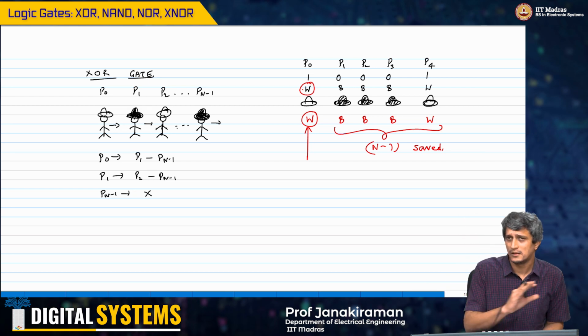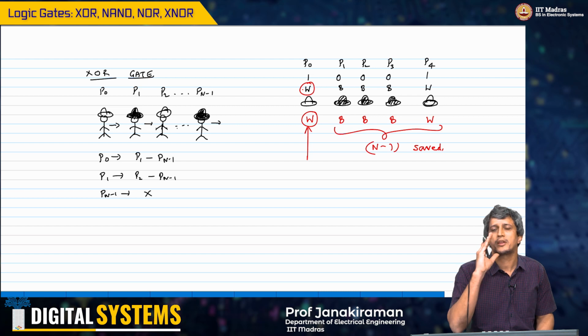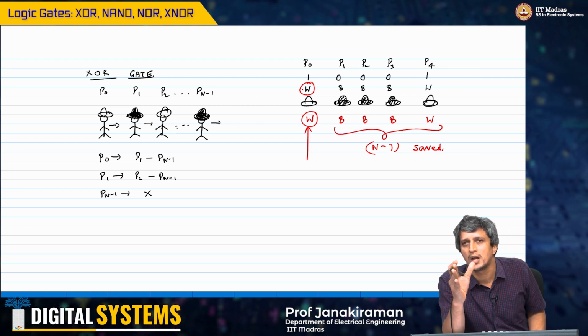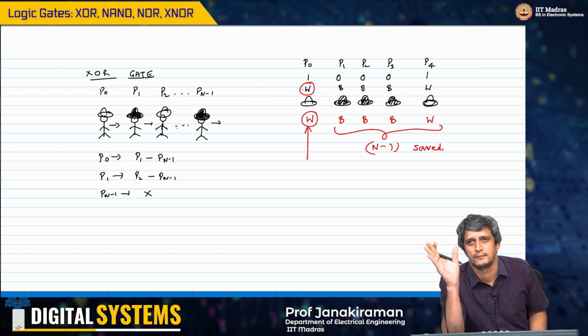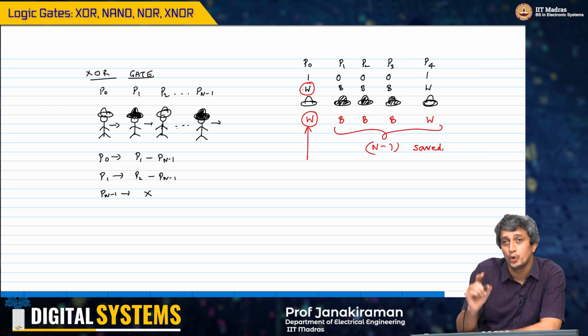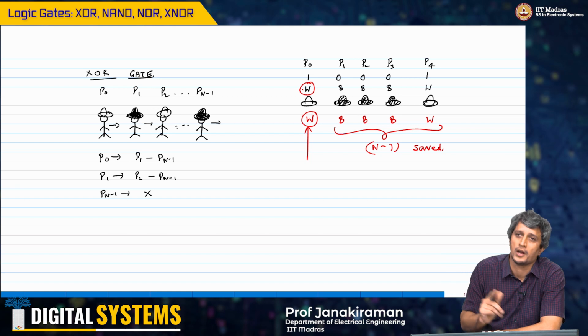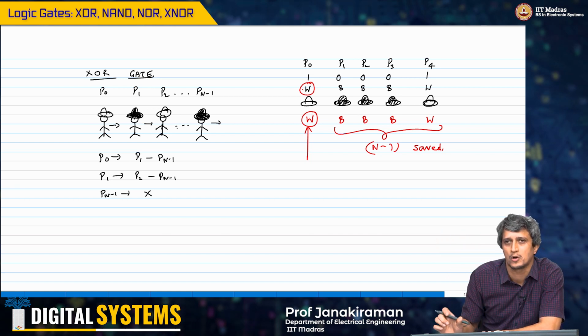Okay, and just see how simple it is. You are just counting whether there are even number or odd number of ones or odd number of whites in front, right? And this is precisely what is used for parity checking, right, in error control coding, that you will see much later in your courses.